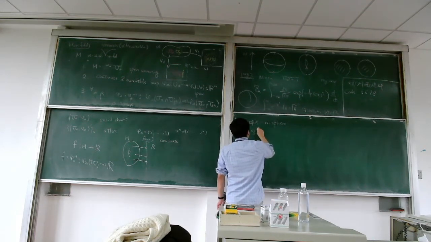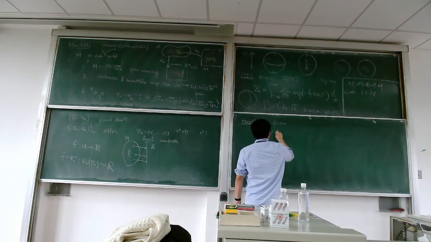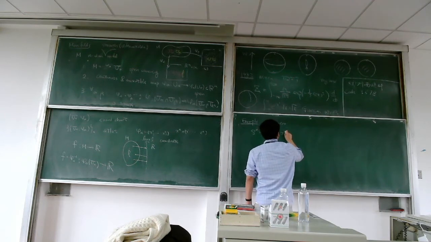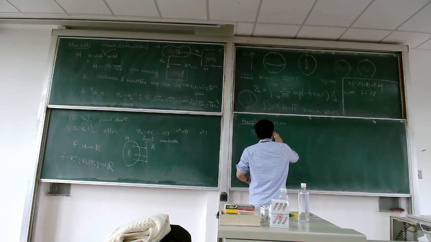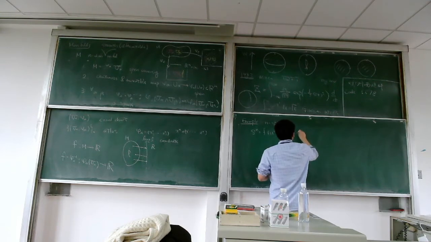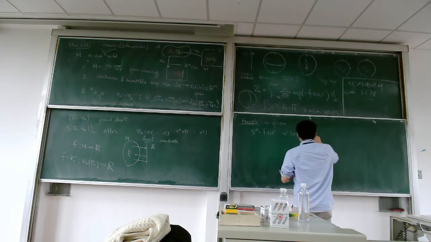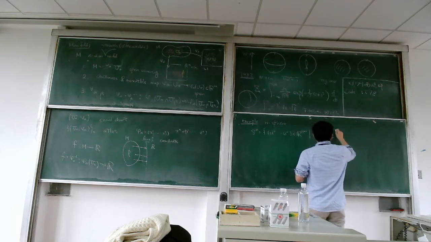People write down Sn, which is u0 to un inside of Rn+1, and that satisfies the sum of u squared is equal to 1.